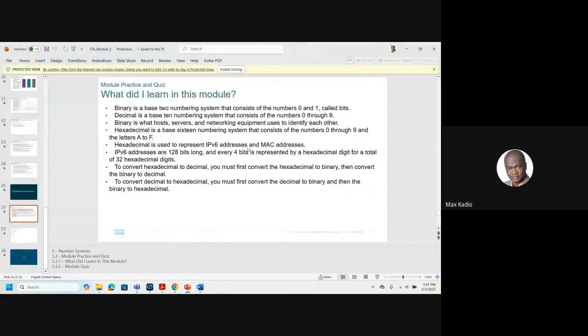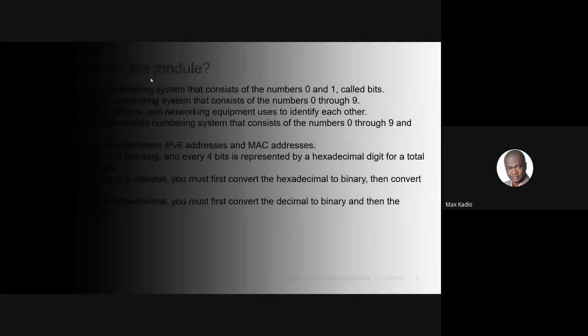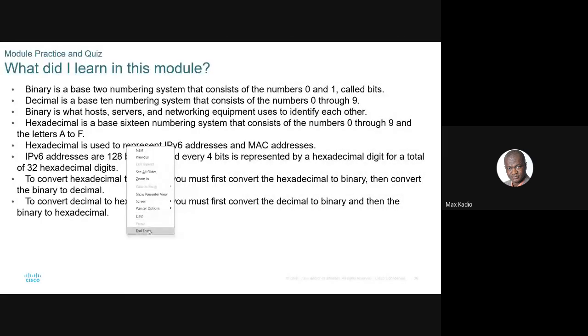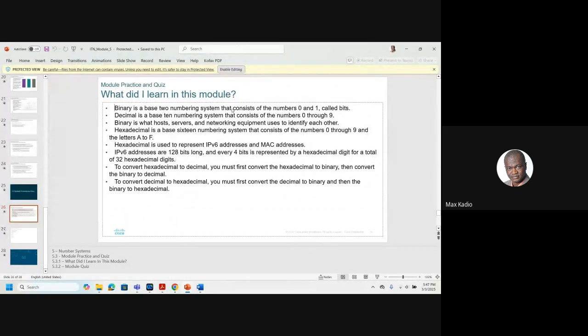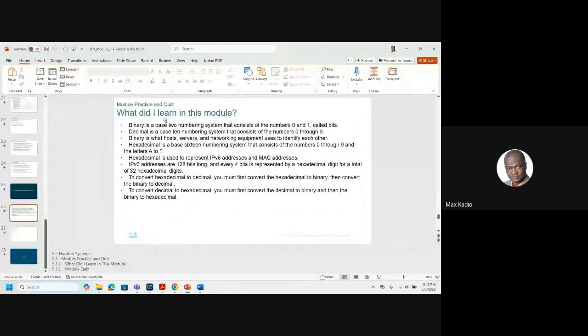Let's come back to our systems. So we have the binary system, where we have 2 elements, 0 and 1. We have the decimal system. In decimal, we have 10 numbers from 0 to 9.